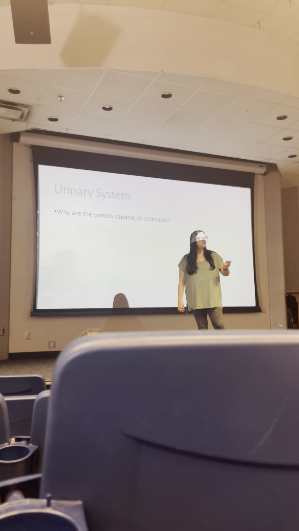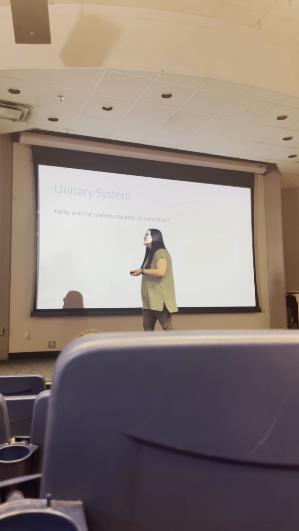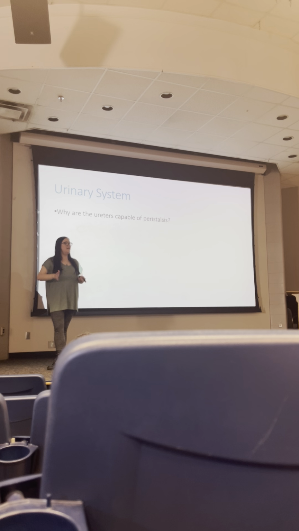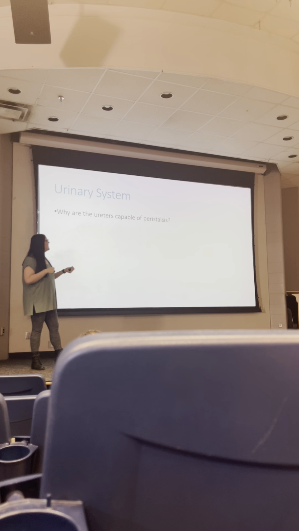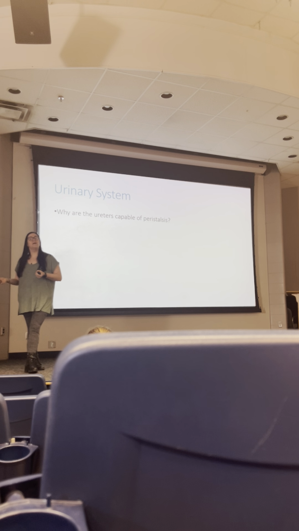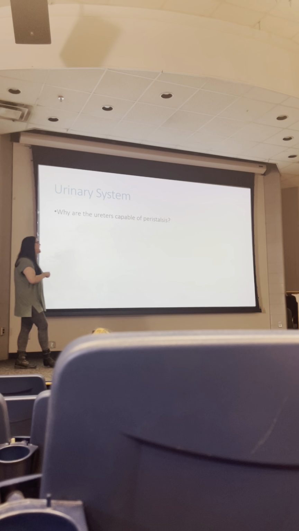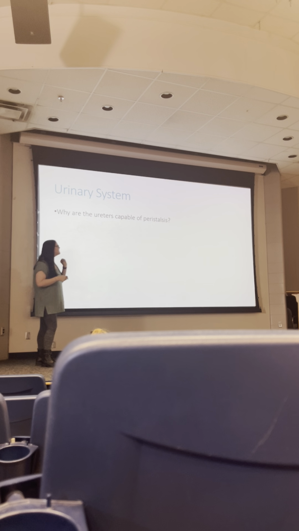When you're sleeping, you guys remember that example, when we're sleeping for 8 hours, we are no longer in that vertical position. We're now horizontal. So if our ureters did not have the capability to go through peristalsis, your urine would just get backed up. It wouldn't be able to leave the kidney. So definitely we have to have a way of physically pushing things forward so that we can get into the bladder even when we're not in a vertical position.